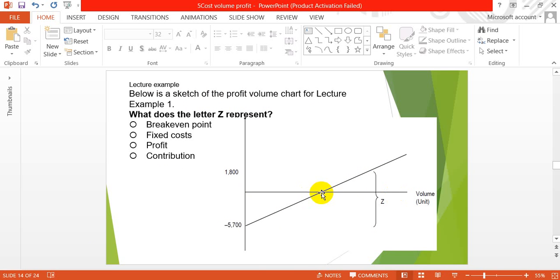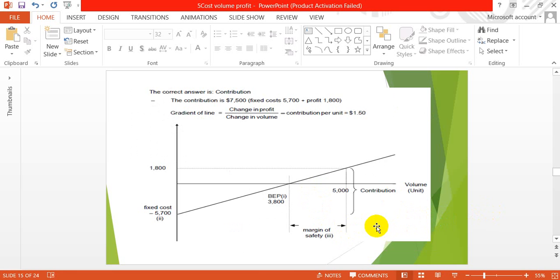We are not making a profit. That's our break-even point. So from this point going this way, you have your margin of safety. So Z represents the contribution.